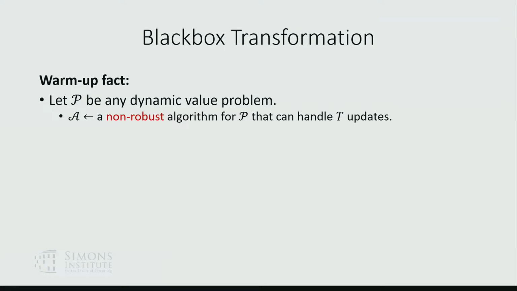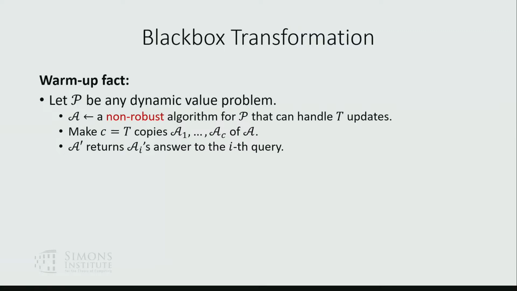And let's say that this algorithm can handle up to T updates. To get a robust algorithm, all you need to do is just make T copies of this non-robust guy. And then let's say that your new algorithm just returns the answer from the ith copy on the ith query.